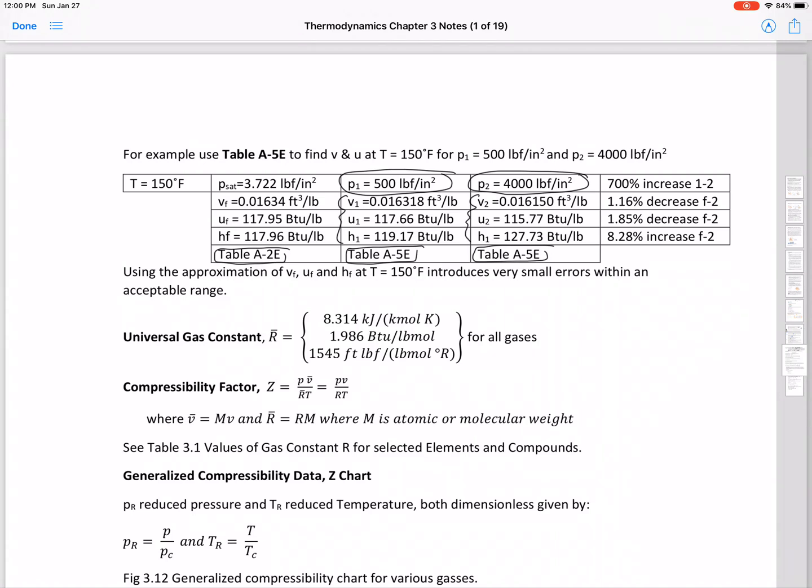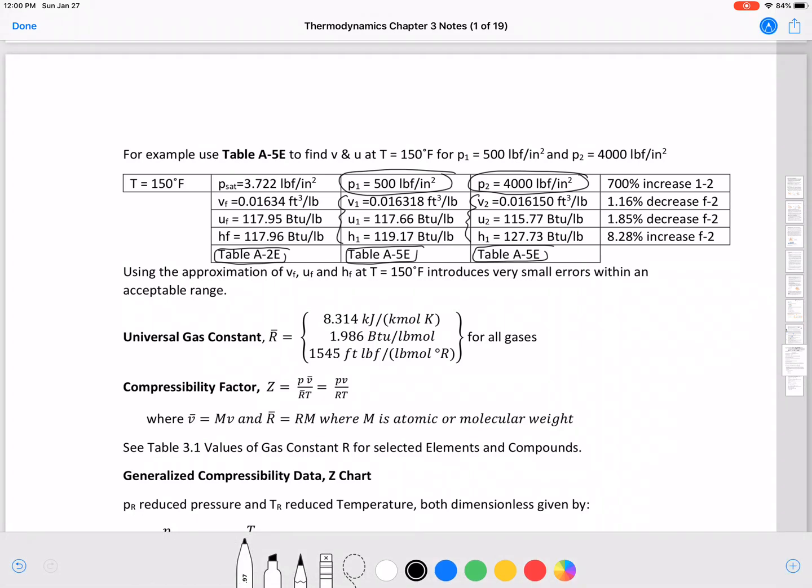So you can see that what they're telling you to use is this value as an approximation for these values instead of this and instead of this.